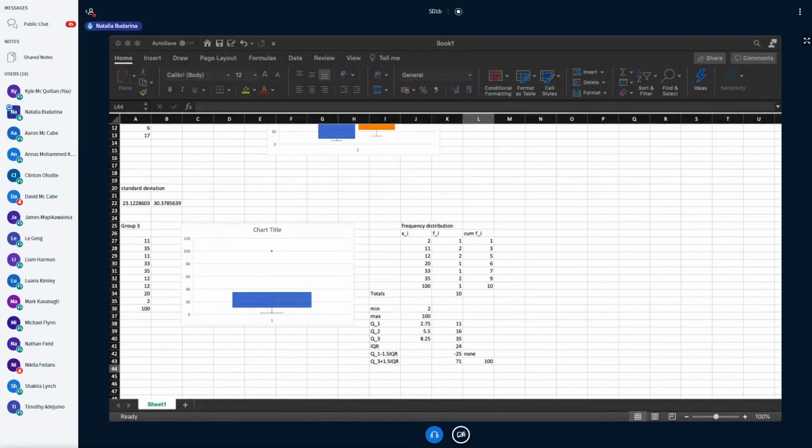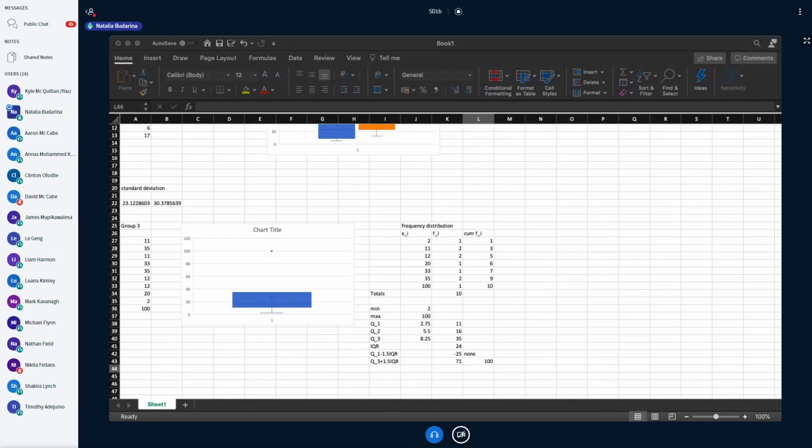Okay, if you would like to count outliers, I did not count, I only investigated by hand. You can say none and one outlier, 100. If you would like to count them, you need to use the function COUNTIF with the original set, group 3, and the criterion will be less than minus 25.